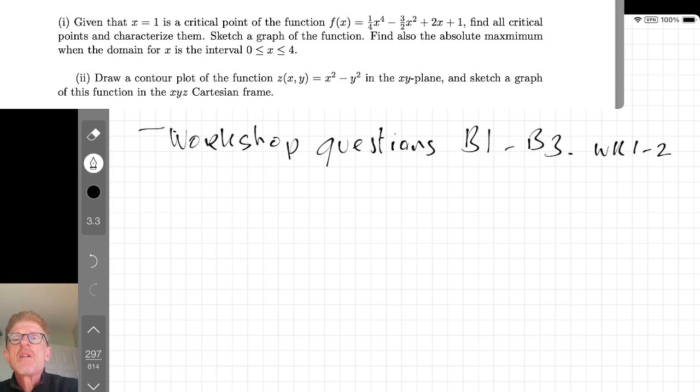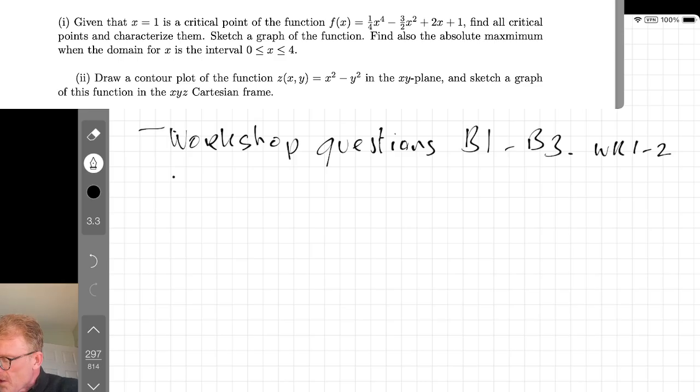What's the question? Given x is 1 is a critical point of the function, find all critical points and characterize them. So given f of x is a 4th order function, we have to find the critical points.